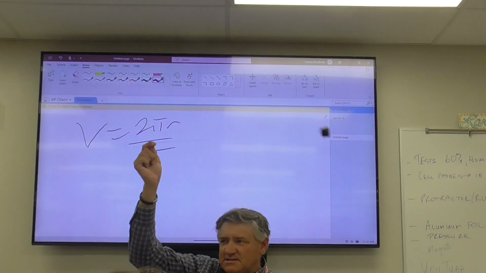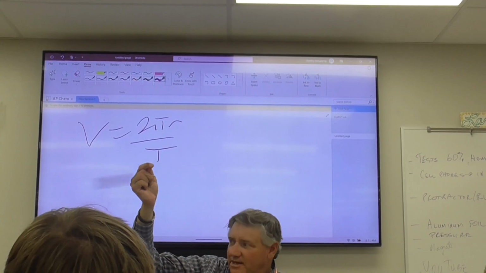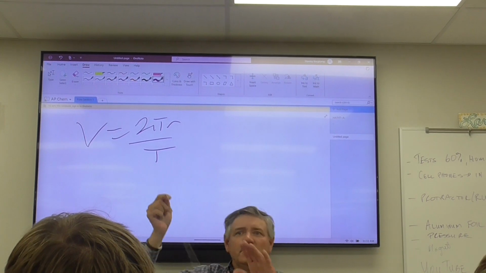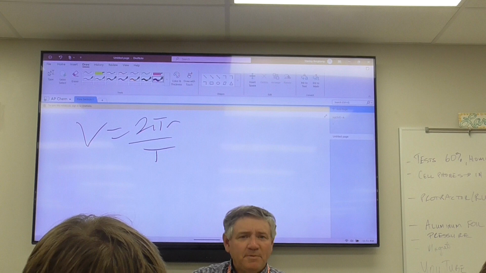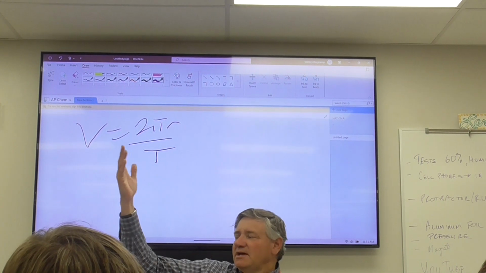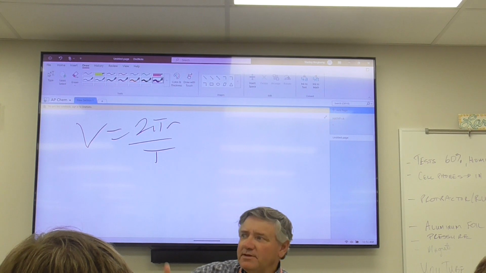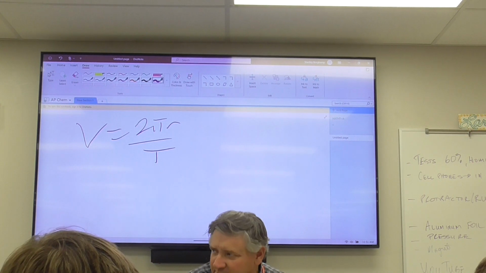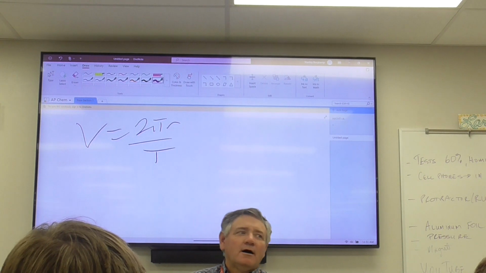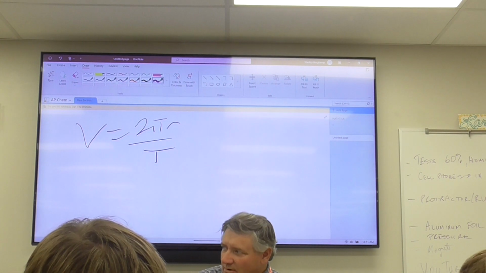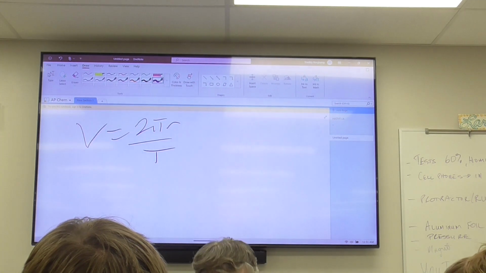Literally, all this is this idea that I'm going to swing something around, it's going to travel in a circle, and we're going to measure how long it takes to go around. That's it, okay? The 2 pi r is just the circumference of the circle. It's how far it goes. Period is just how long it takes for it to go around, okay? So don't look at this equation and go, oh, this is hard physics. It's distance divided by time, okay?